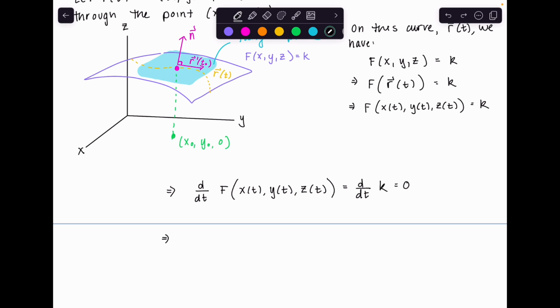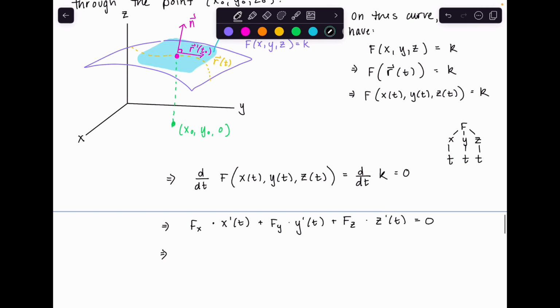You can think about drawing your tree diagram: f depends on x, y, z, and then each of these depends on t. So I start with f going through x, then the derivative of x with respect to t, then through y, the derivative of y with respect to t, and finally z, and the derivative of z with respect to t. And this thing ends up equaling 0.